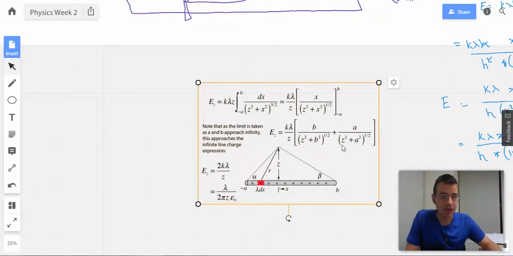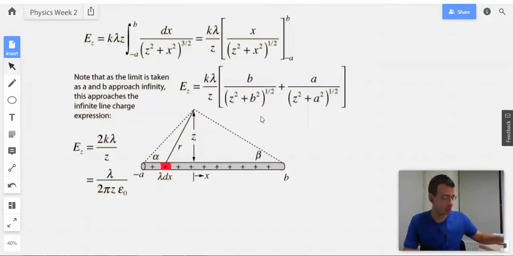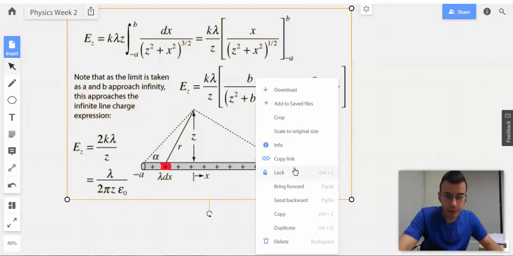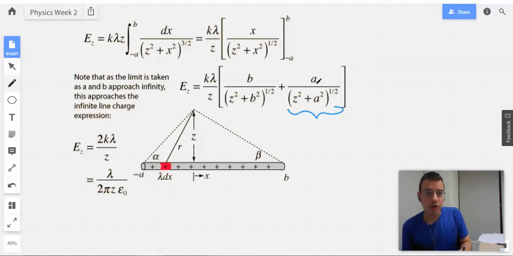But more importantly, we also have another equation over here. So if you look at this equation right here, let's lock this so I can draw all over it. If we look at b over the square root of z squared plus b squared, I'm going to look at the a side. This a is this distance right here, and this over here is r.